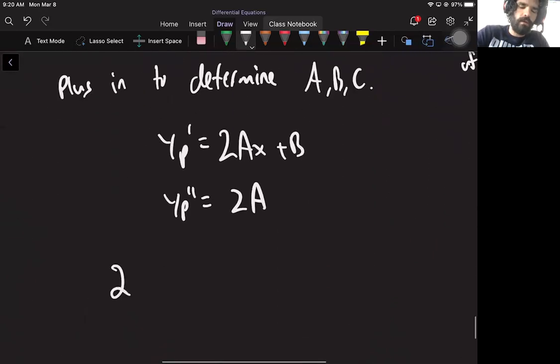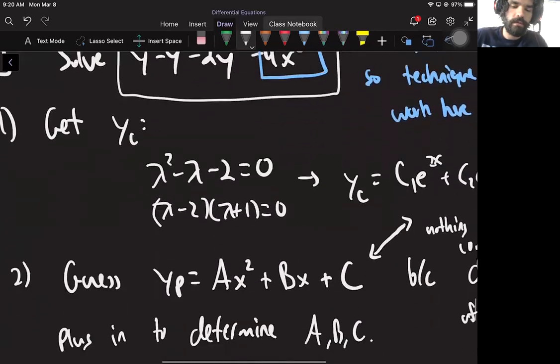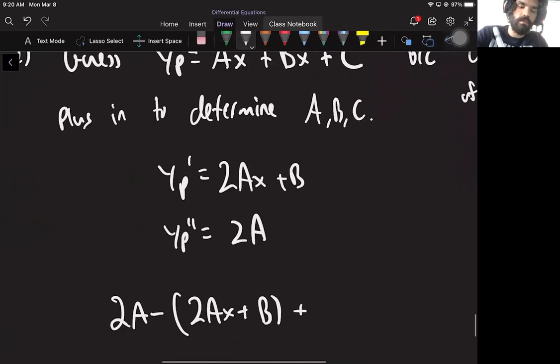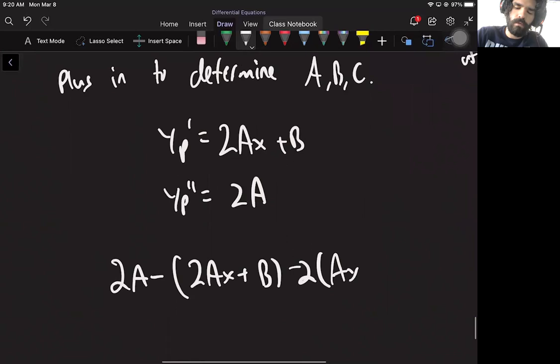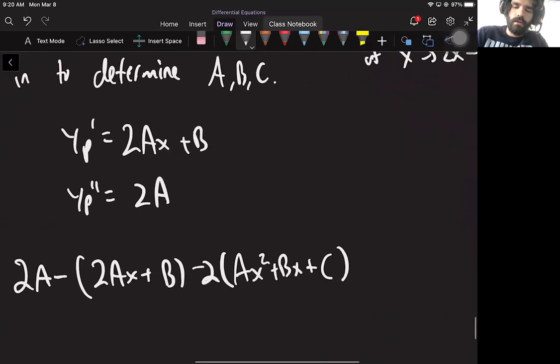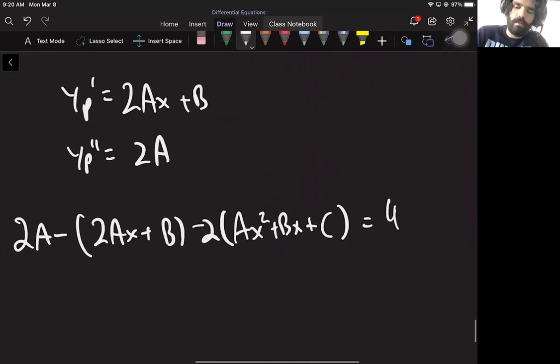So I get 2a minus 2ax plus b. Plus, it was a plus, right? Oh no, it was another minus, minus 2 times yp, ax squared plus bx plus c. And that needs to equal 4x squared.